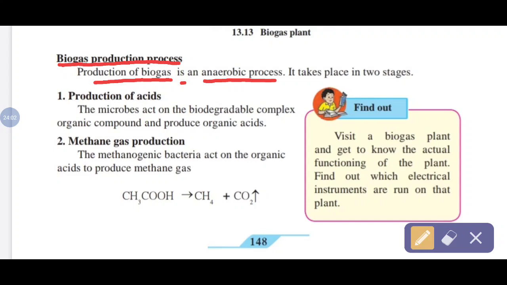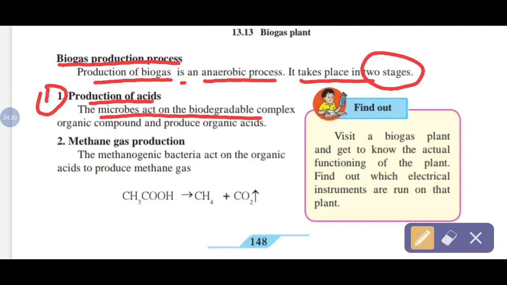It takes place in 2 stages. What is the first stage? Remember, in the first stage, production of acids. The microbes act on the biodegradable complex organic compounds to produce what type of acid?